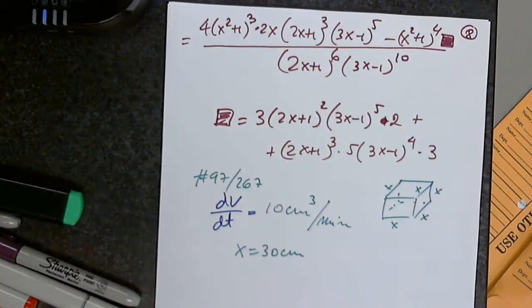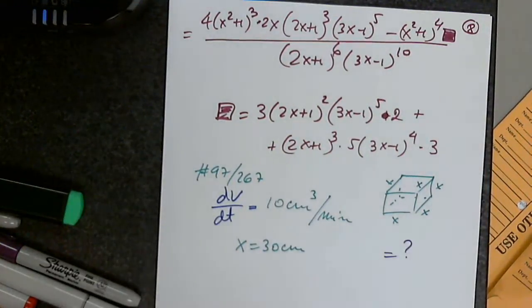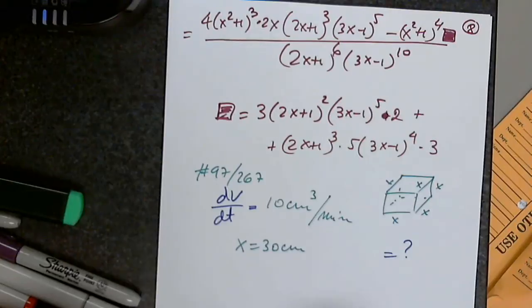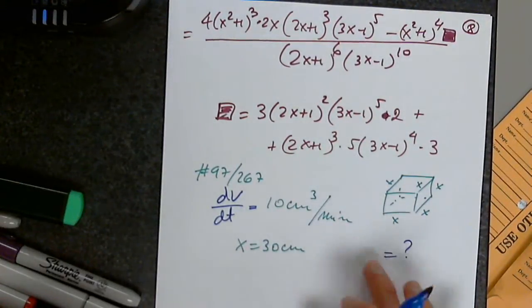Good. So now what am I asked to find? Let's read the problem one more time. The volume of a cube is increasing at a rate of 10 cubic centimeters per minute. How fast is the surface area increasing when the length of an edge is 30? I'm asked to find what? Surface area, which is... no, first the question.